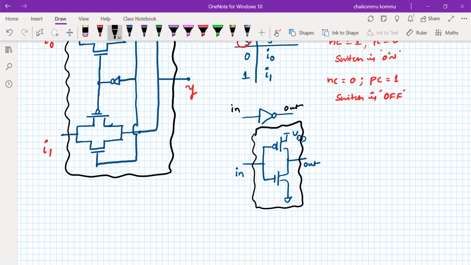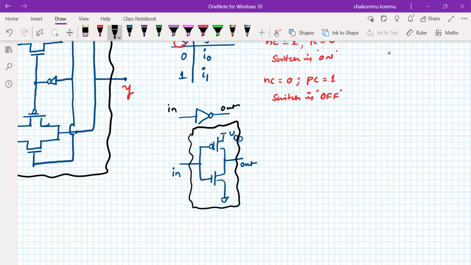Another method is also there to get the inverter. In the last class, we have seen an OR gate, that is, A is input, B is input, Y is an output. I want to convert it into an inverter.